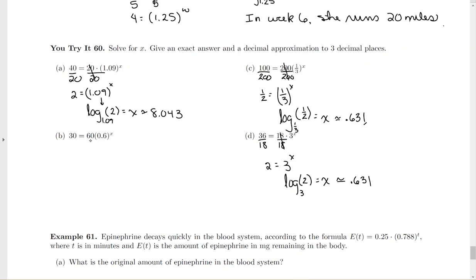And then let's see, here again it's hooked by multiplication, divide it off. So 1/2 equals 0.6 raised to the x, or 0.5 either way. Log base 0.6 of 0.5 equals x.